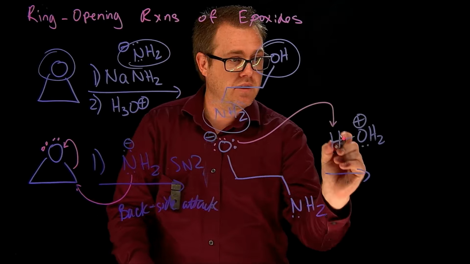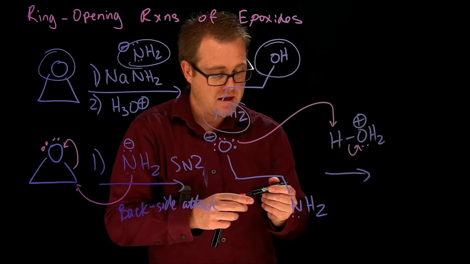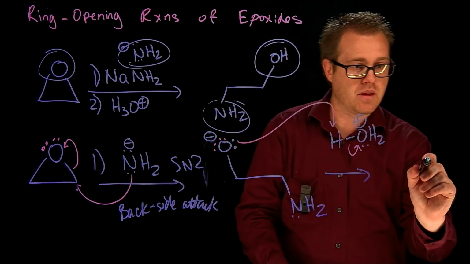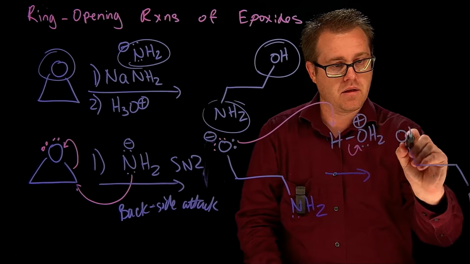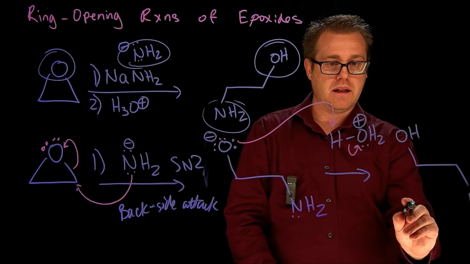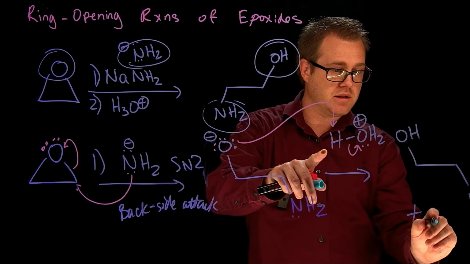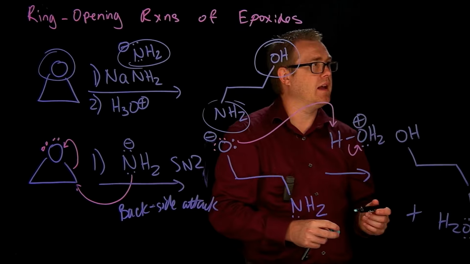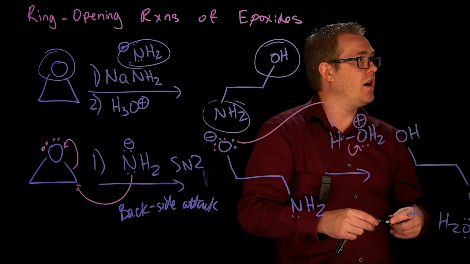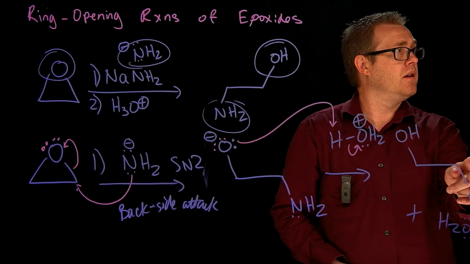So that's going to come in, grab that proton, and give us our product, like so. Plus what? We just took that proton, so now we have water left over. Just like that.